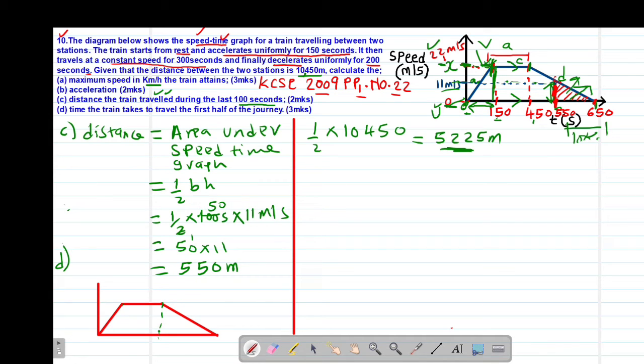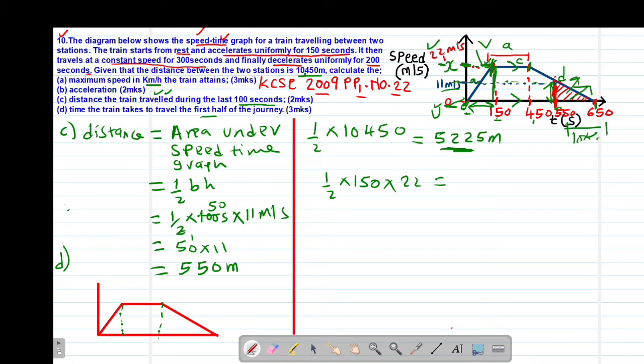Therefore I can subdivide this one into 2. We are asked the first half of the journey, so I need to find the distance of the first triangle. That distance will be a half multiplied by the base, which was 150, multiplied by the height, which was 22.